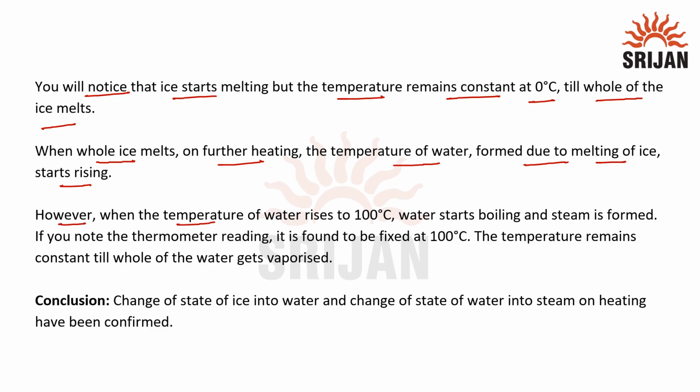However, when the temperature of water rises to 100 degrees Celsius, water starts boiling and steam is formed, and if you note the thermometer reading, it is found to be fixed at 100 degrees Celsius. The temperature remains constant till the whole water gets vaporized. From this we can conclude that change of state of ice into water and change of state of water into steam on heating have been confirmed.